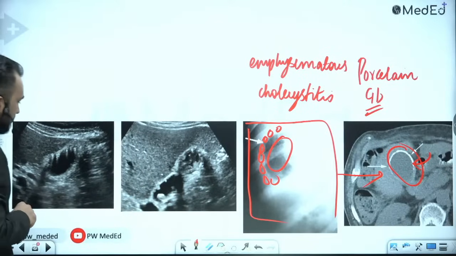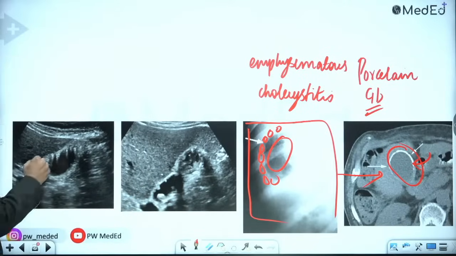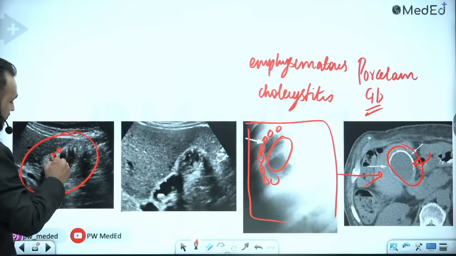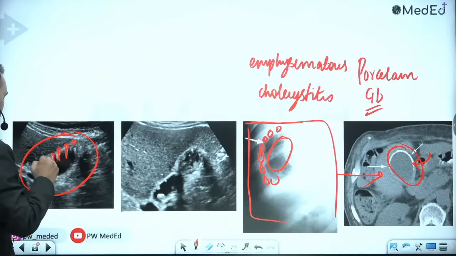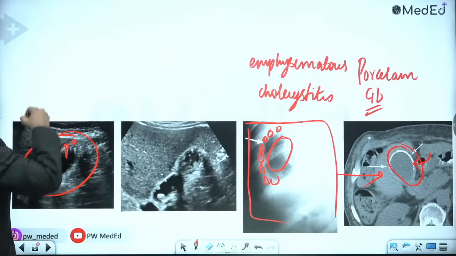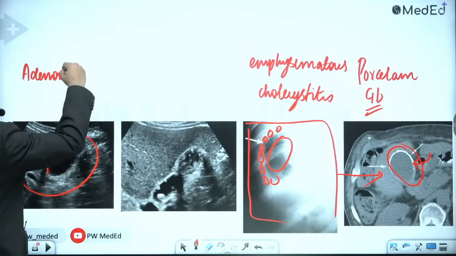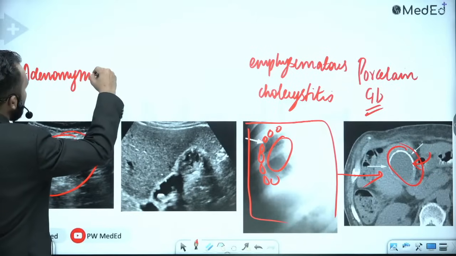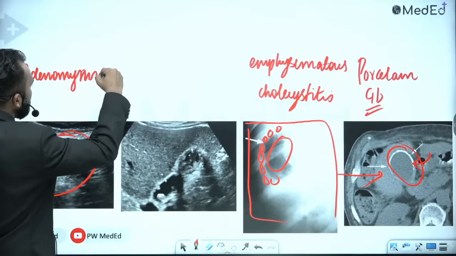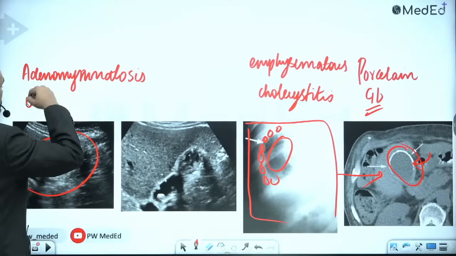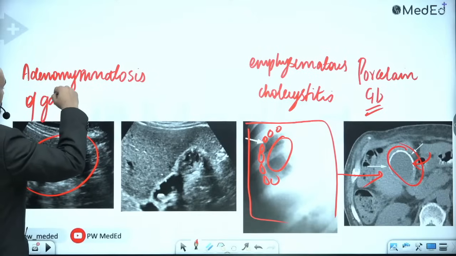In the first image, this is an ultrasound image. Multiple comet tail shaped artifacts are seen arising from the anterior wall of the gallbladder, and this is seen in adenomyomatosis of gallbladder.